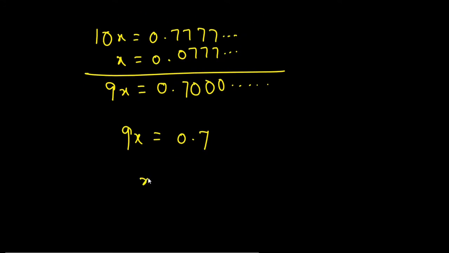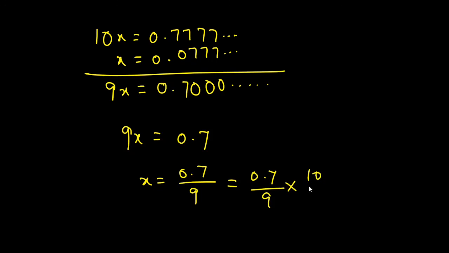So x is equal to 0.7 by 9. While writing in P by Q form, P and Q should be integers. So multiply numerator and denominator by 10: 0.7 by 9 into 10 by 10. So we get 7 by 90.